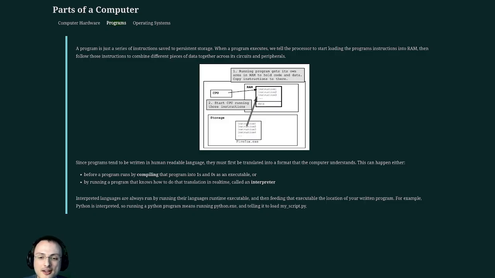And then your CPU starts reading those instructions one at a time, loading them into its little registers for whatever it's actively doing right now. And then it keeps count of, I'm currently on instruction number 3000. Now I'm on 3001, 3002. And it goes line by line through that program, reading it from RAM into the CPU, doing whatever it needs to do for that step, and then continuing on.